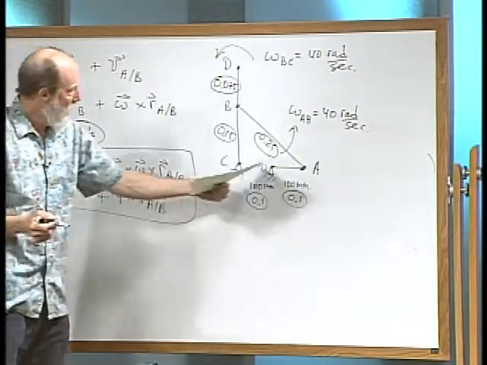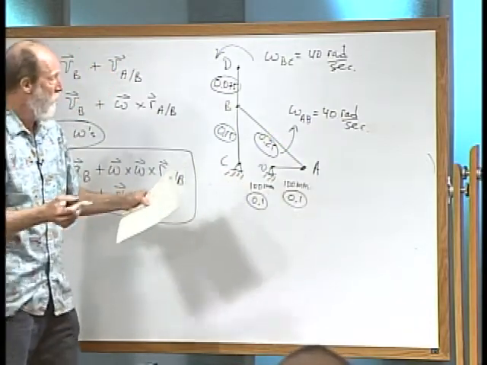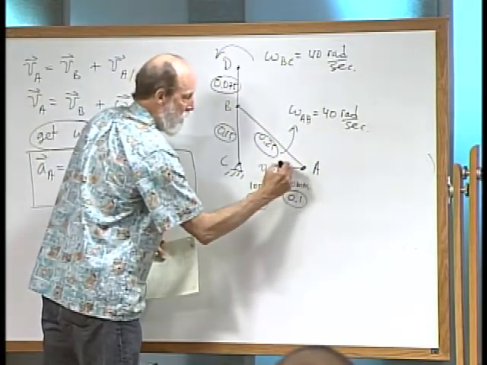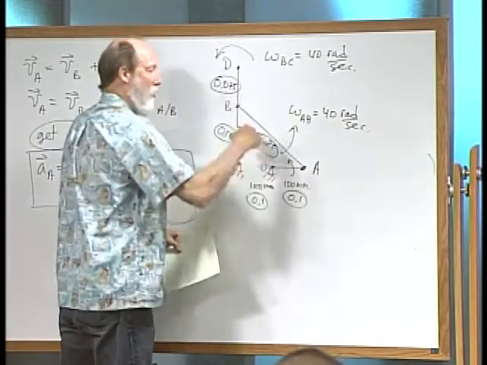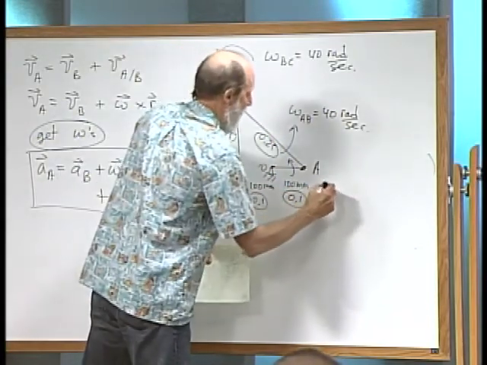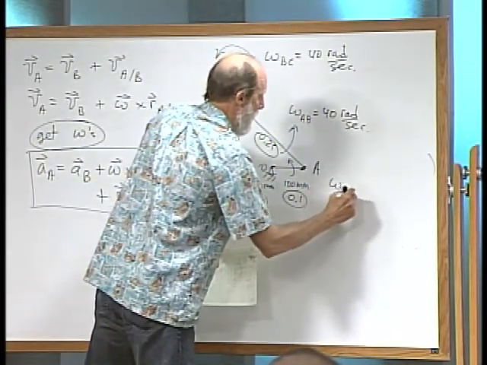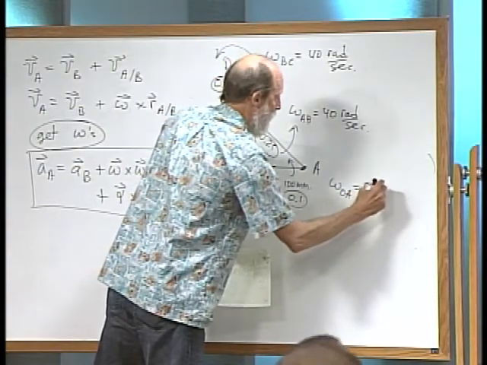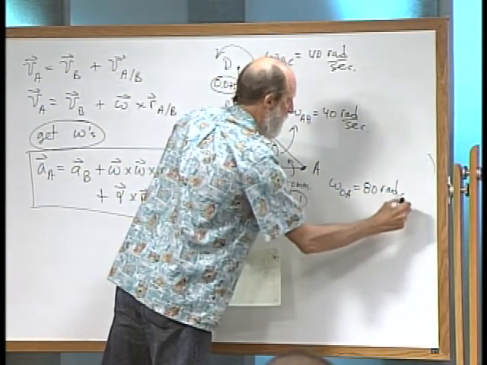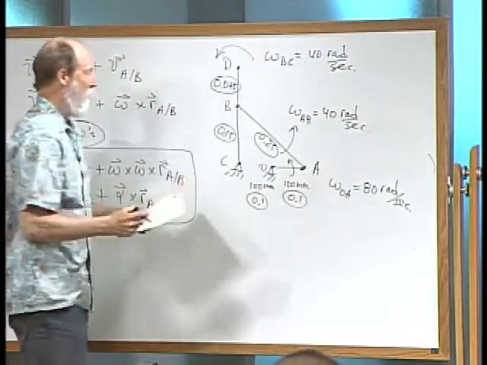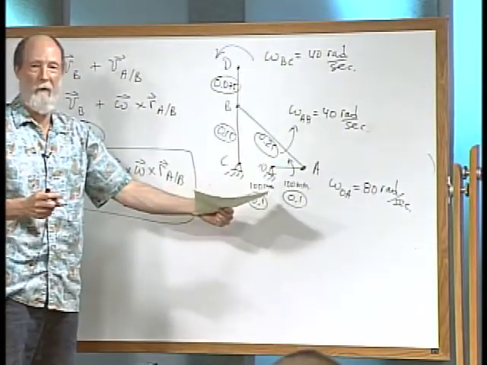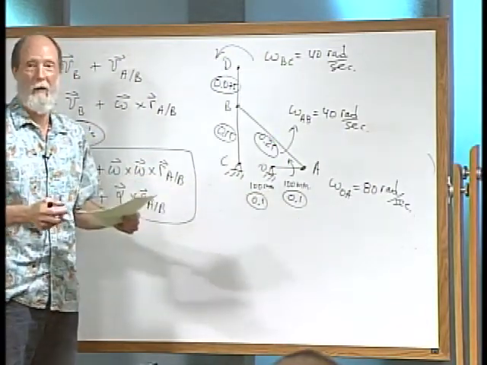Member OA down here is a plus 80, so it's rotating counterclockwise as well. So omega OA is 80 radians per second. As I was saying, you have to do the velocity problem first to get these before you start the acceleration problem.